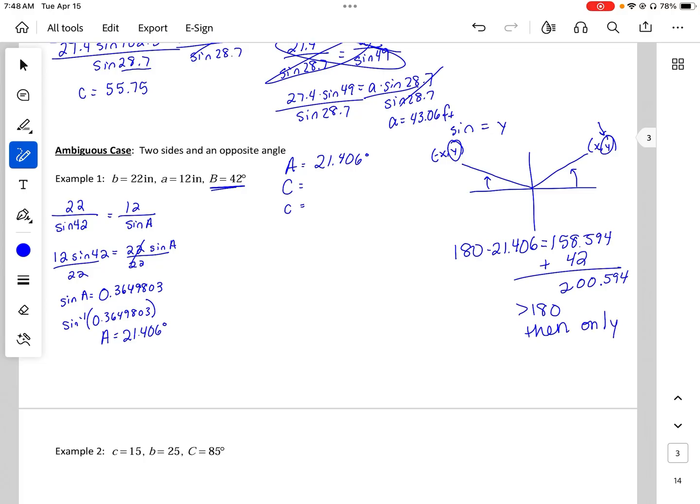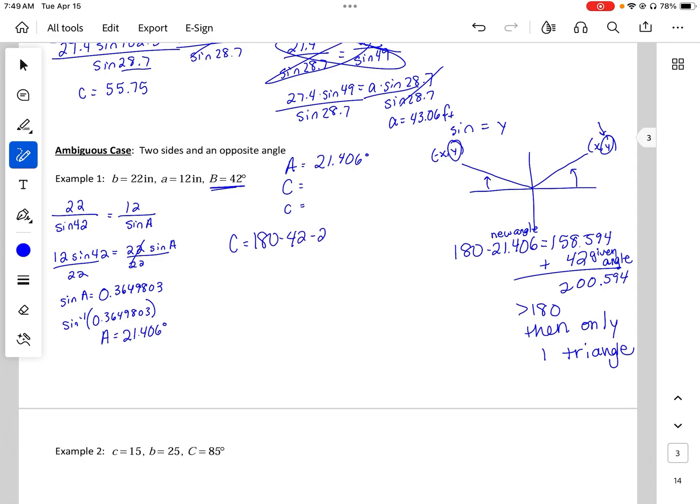If it is greater than 180, then you only have one solution, only one triangle. So we don't have to do a separate triangle, because we do 180 minus our new angle and then plus the given angle. If it's greater than 180, then only one triangle. If it's less than 180, then we have multiple triangles and we have to find those.